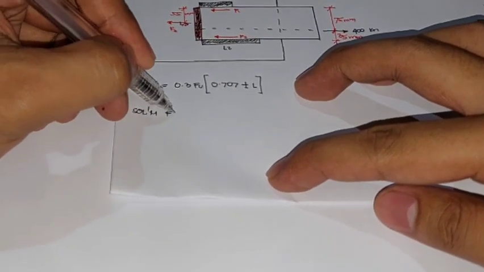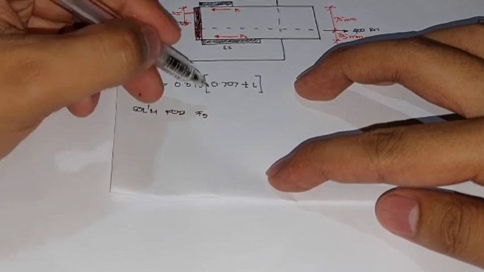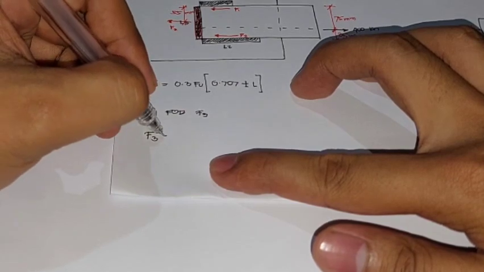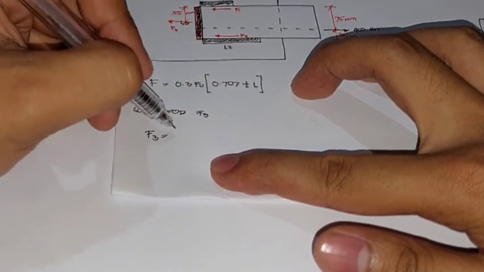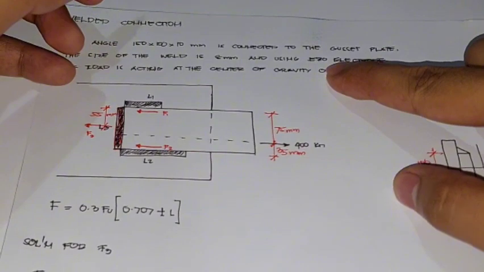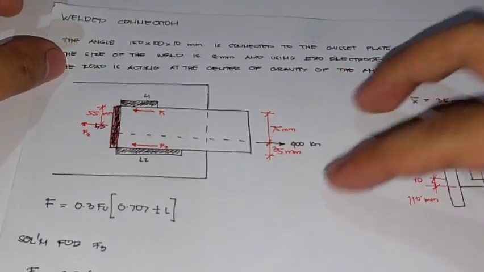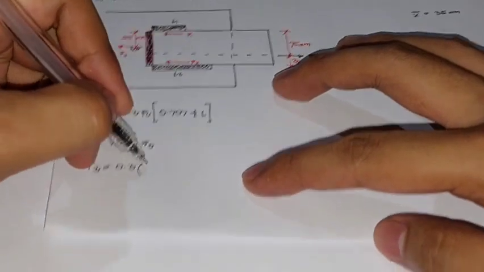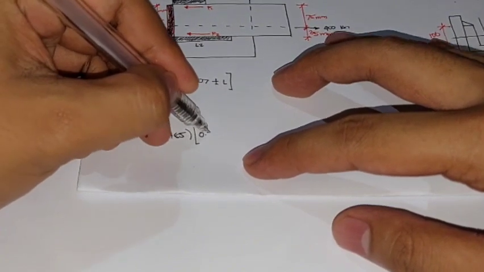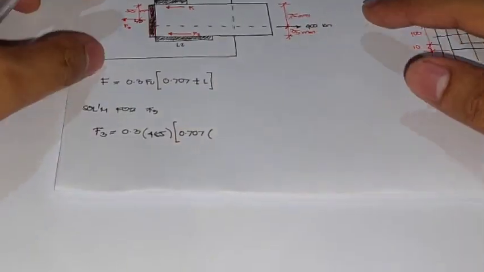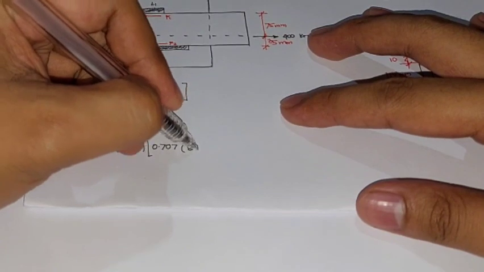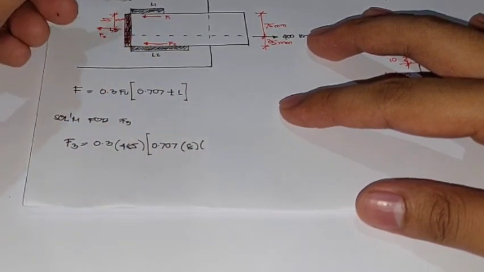Solution for F3. F3 is equal to 0.3 FU. FU for the E70 electrode is 485 MPa, times 0.707 times thickness, which is given as 8 mm, times length, which is 110.